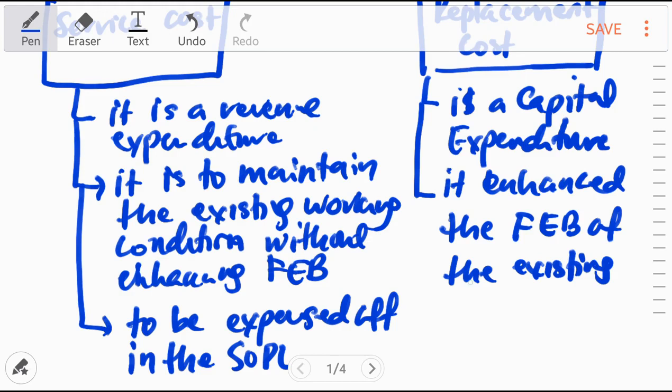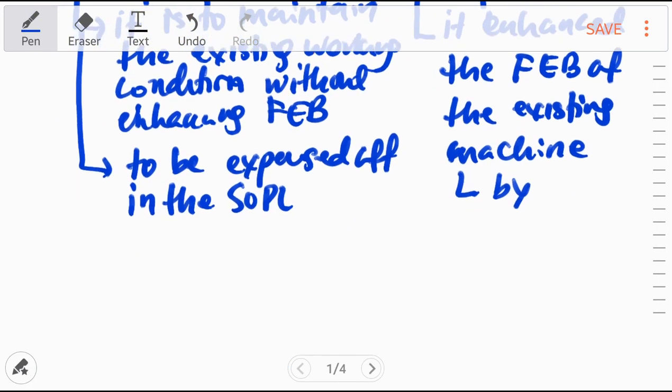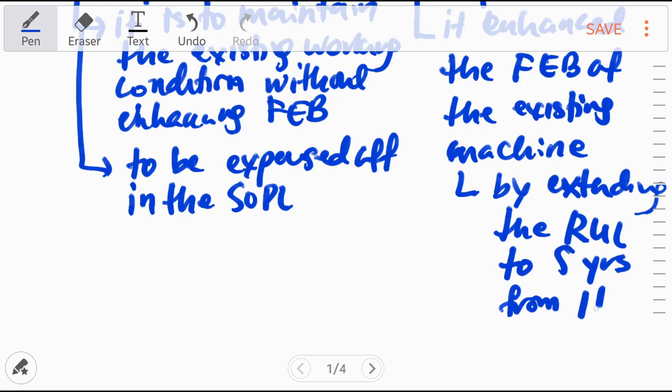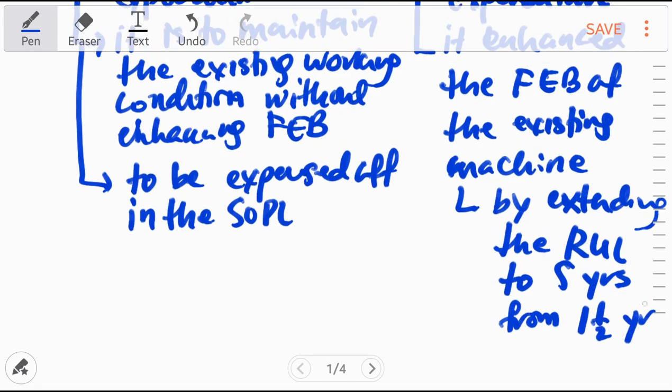You replace a new component, and that component is able to enhance. How? By extending the remaining useful life to 5 years. Actually, for your information, the remaining useful life at that time was originally 1.5 years.